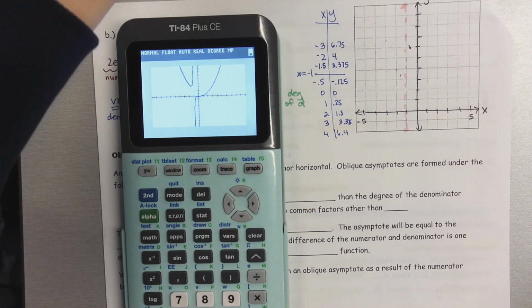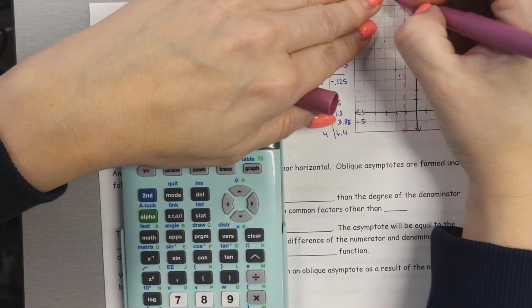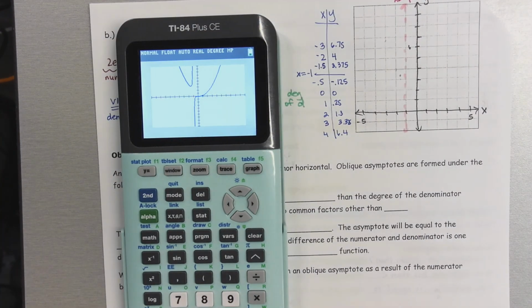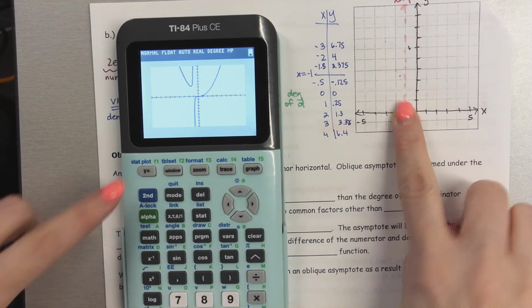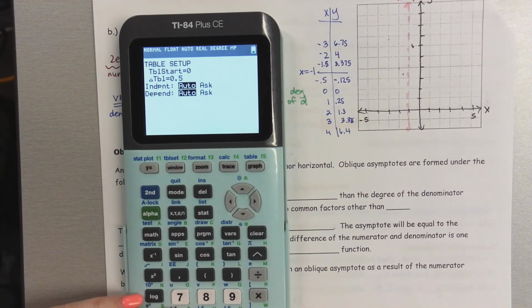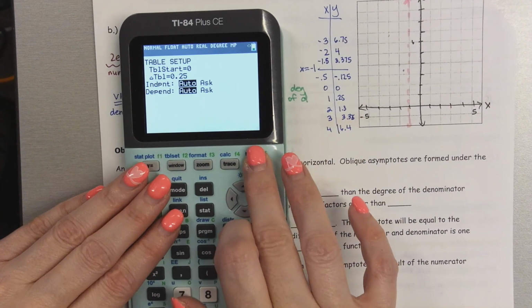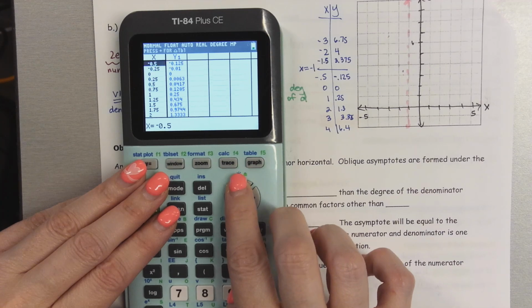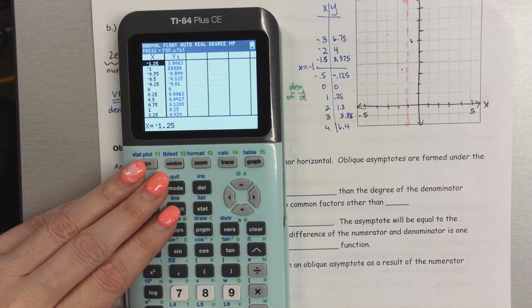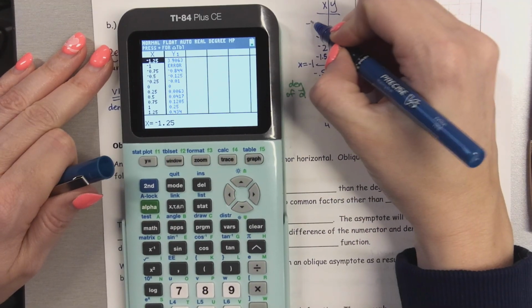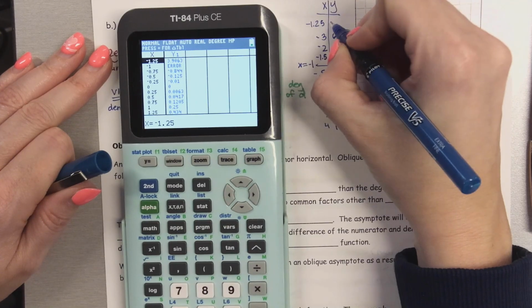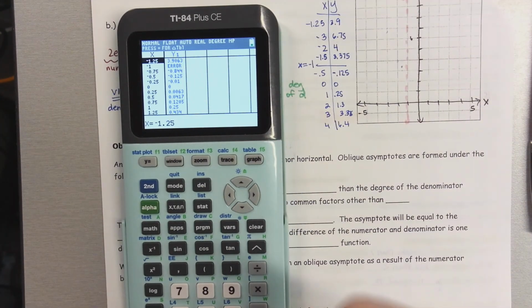This is the only one I have here. Okay, and then sometimes I just like to see what happens. Again, if I go by the 0.25s, I can see what's happening at -1.25, so that can help me with my shape. So sometimes I just add that in, even if it's not in order.